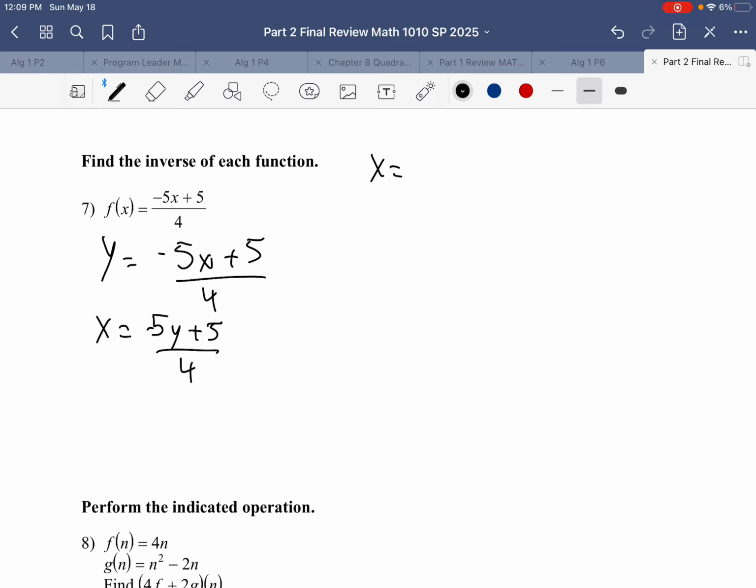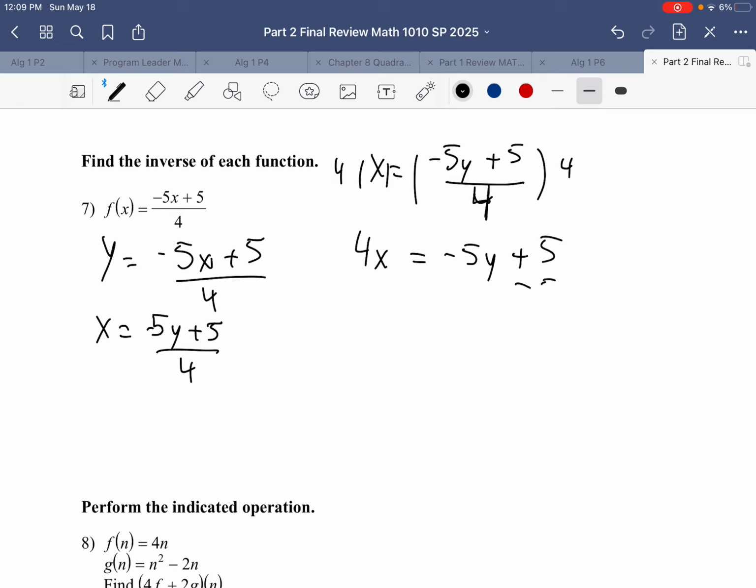So if it's x equals negative 5y plus 5 divided by 4, I'd multiply both sides by 4. 4x equals negative 5y, sorry, that's a 4, plus 5. Now I'm going to subtract 5 on both sides. 4x minus 5 is equal to negative 5y.